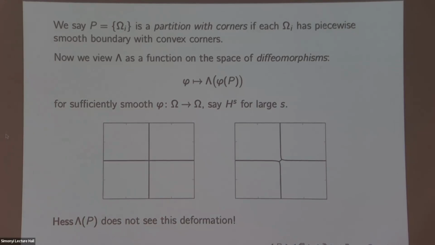So I take the partition on the left, I can find a diffeomorphism that basically pinches the nodal lines together near the origin. So I have something like that, and then similarly in the other direction.